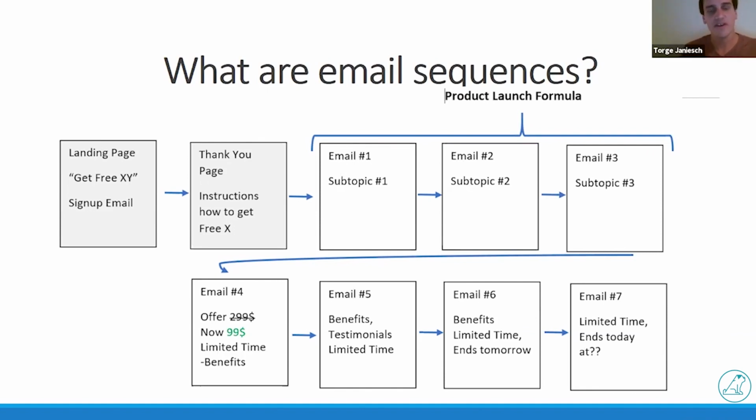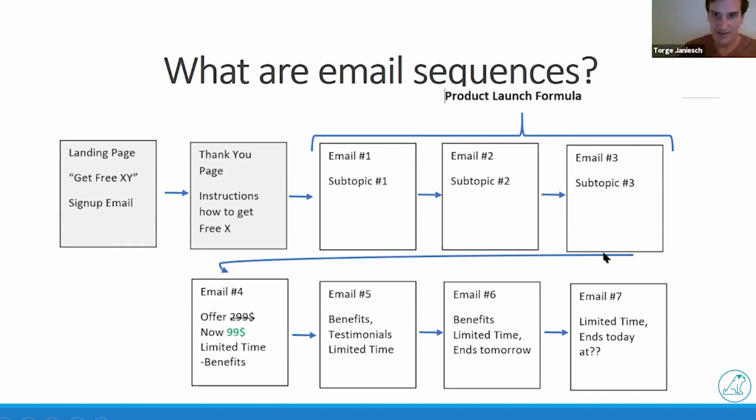The person comes into your email funnel, gets a few emails, and then you can sell them whatever you want to offer them, and you warm them up based on the previous emails.